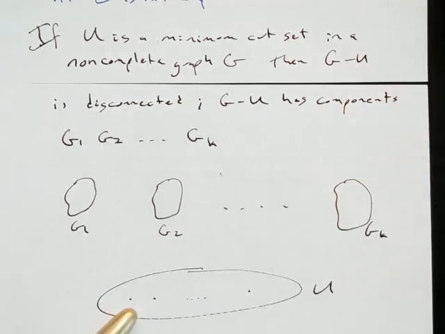Take this vertex, right, call it U1. What is the minimum number of things that vertex has to be connected to?